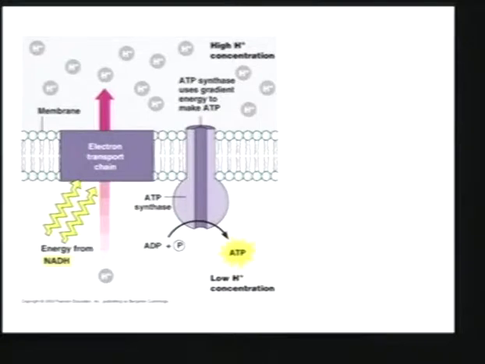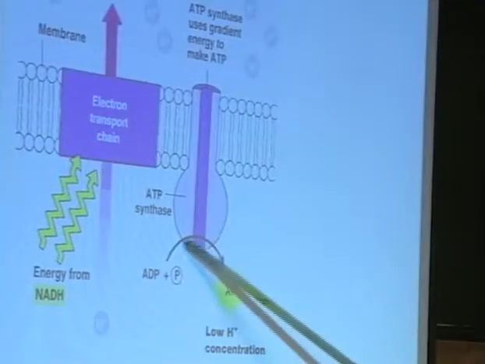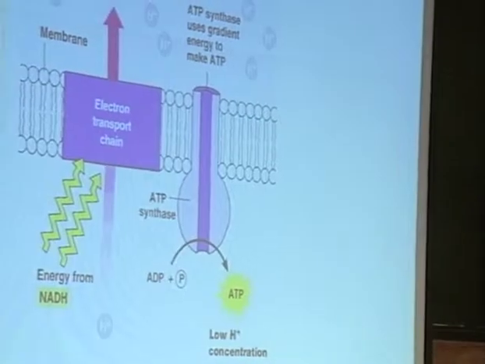That's a form of stored energy, just the same as having a dam with a lake behind it is stored energy. You have a gradient of water. Well, okay, so what you do then is that you let these hydrogen ions flow back through this protein, ATP synthase. And the energy that's released by that process allows that protein to make ATP. It just takes ADP and a phosphate, pops the phosphate onto ADP, and you've got ATP again.